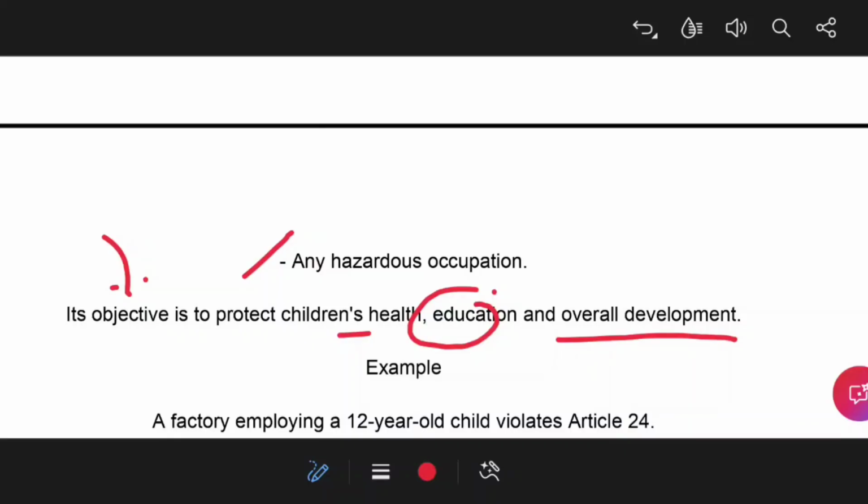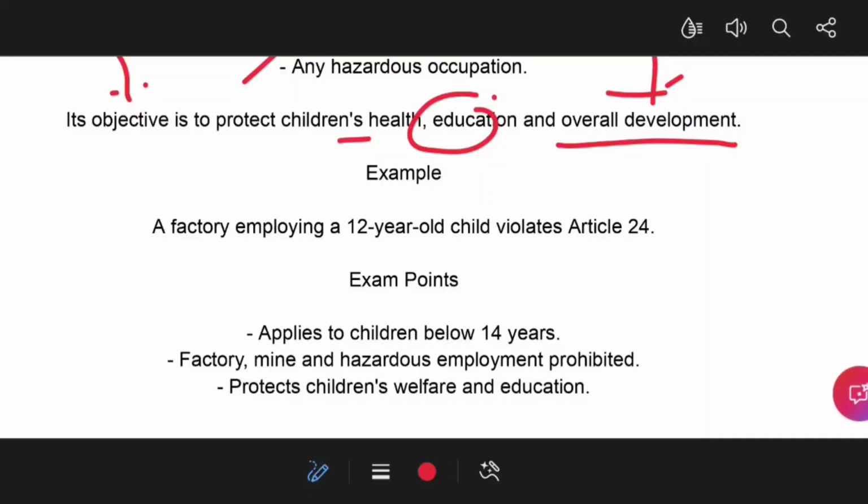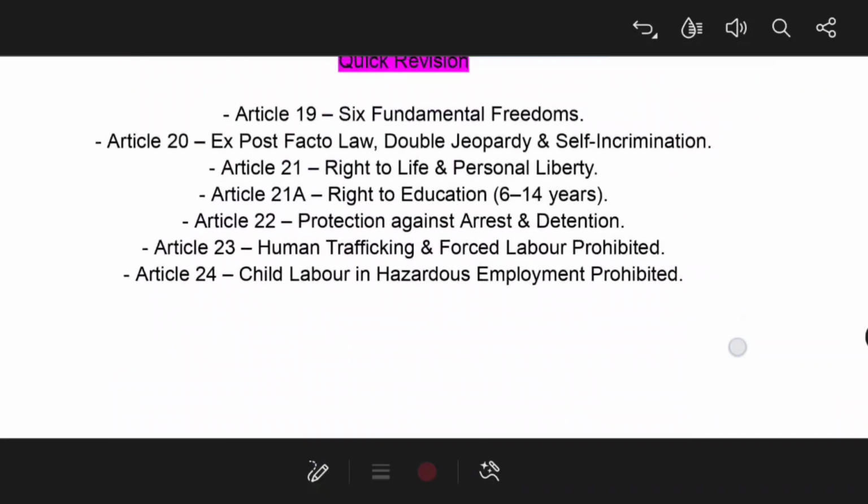So if you think that it is against their right, it provides children overall development, whether mental development or any other. Okay, now a factory, let's suppose, employing a 12-year-old child violates Article 24. From the exam point of view, it applies to children below 14 years. Factories, mines, and hazardous employment are prohibited, and it protects children's welfare and education.